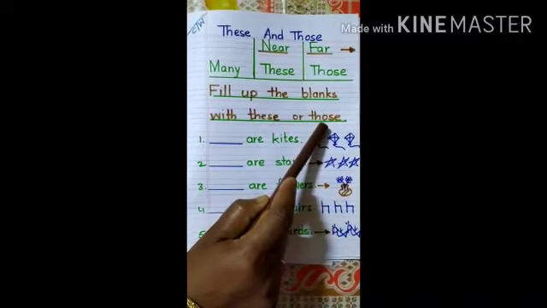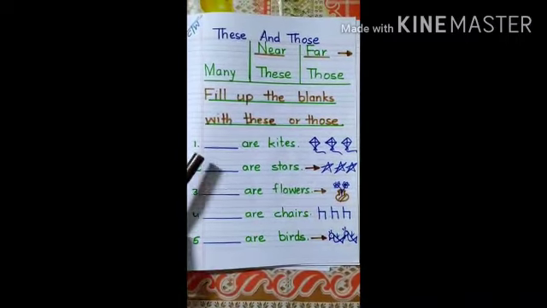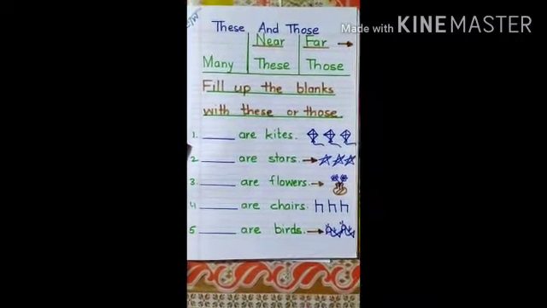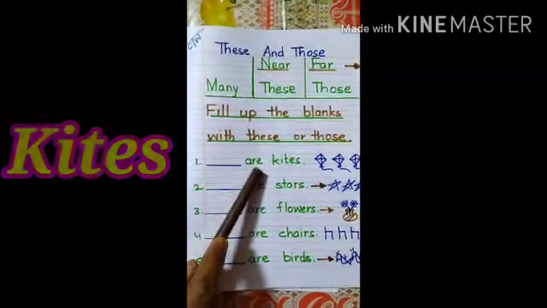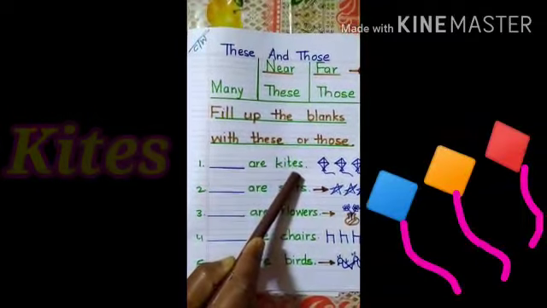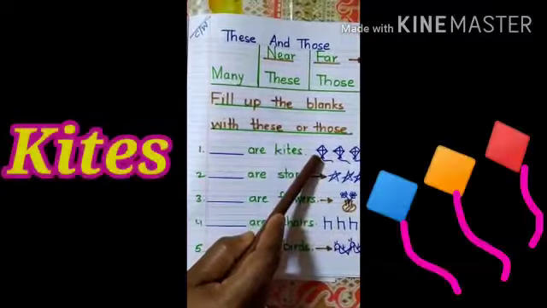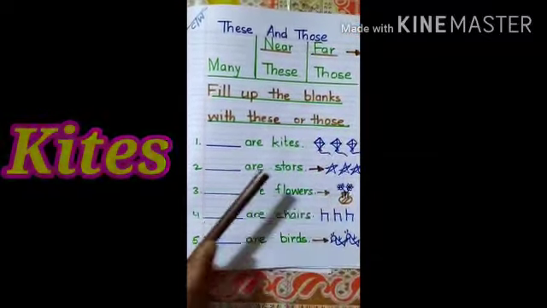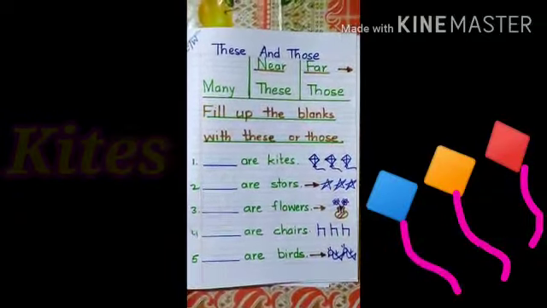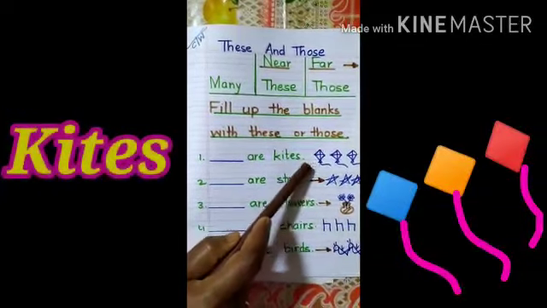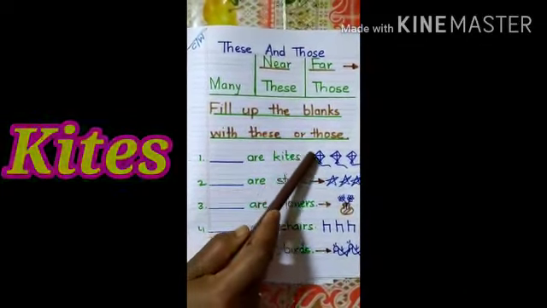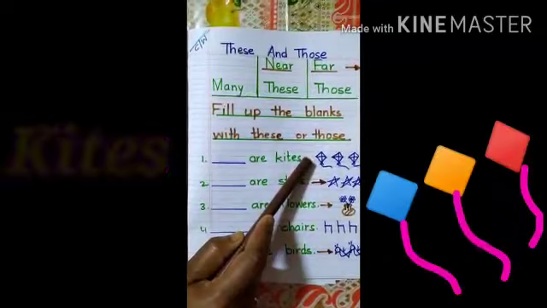Now you can see in the first sentence children, dash are kites. So you can see how many kites are here? 1, 2, 3. Is any arrow here children? Arrow shows that it is far.